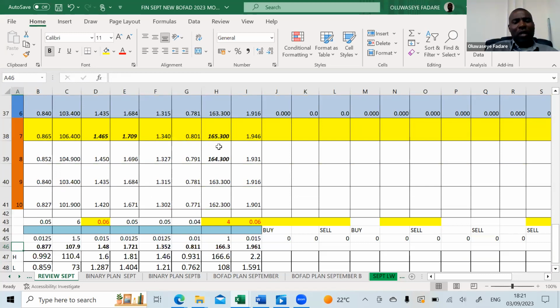If the market goes upwards to 166.3, then the market is not coming down again. But as long as the market is still within this range and below 166.3, it has a potential of returning downwards and may come as low as 162.3.